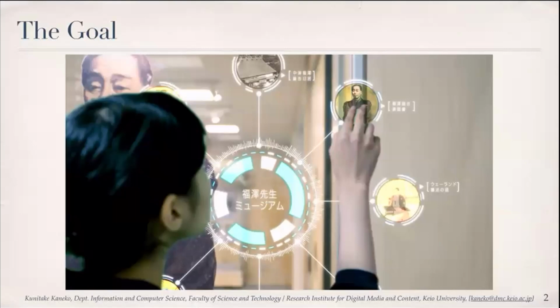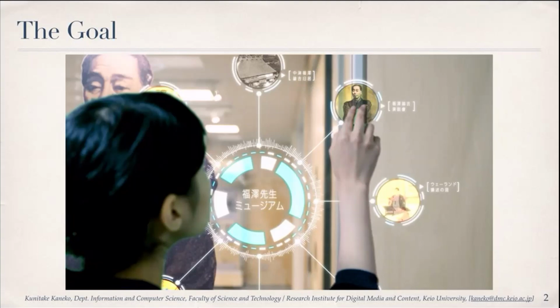I'd like to start from the video that was created in Keio DMC in 2017. It was originally intended as a demo video or concept movie for a museum in Keio. At that time, Keio wanted to have a museum, and now it is actually already built.